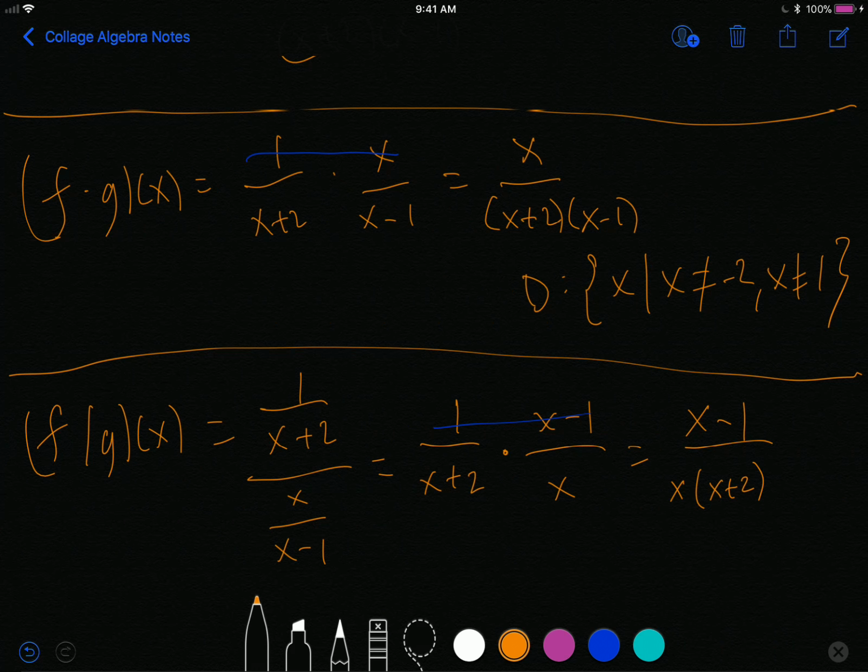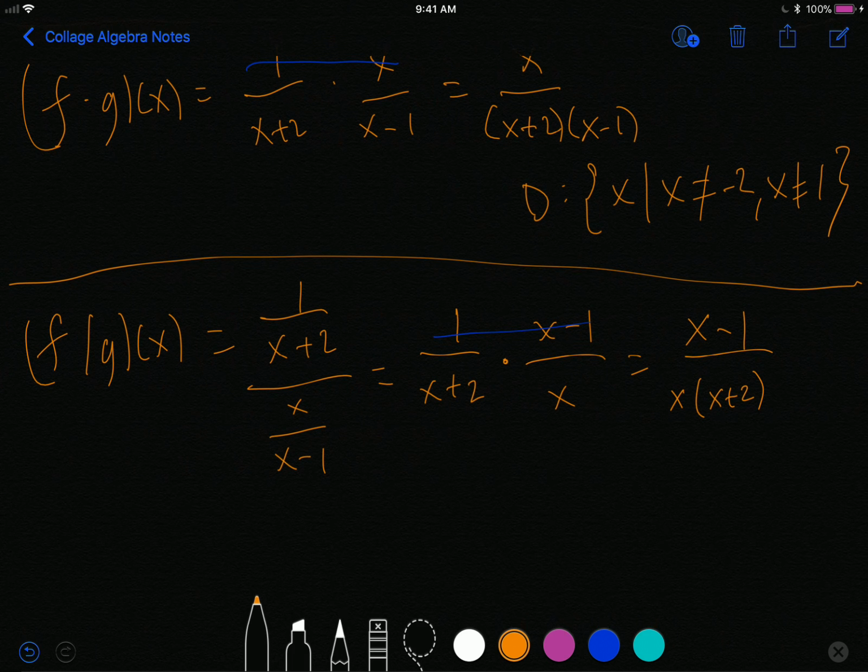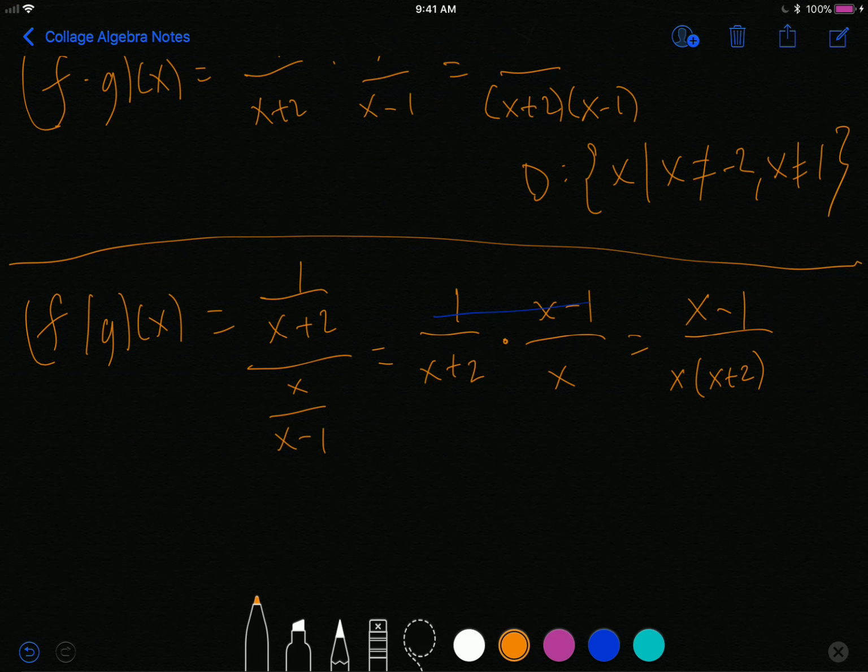Now, you have to be a little bit careful when you're trying to find the domain here. You have to remember the basic rules. The domain for your function, first and foremost, comes from the domain of the original two functions. The original two functions had x plus 2 and x minus 1 in the denominator.